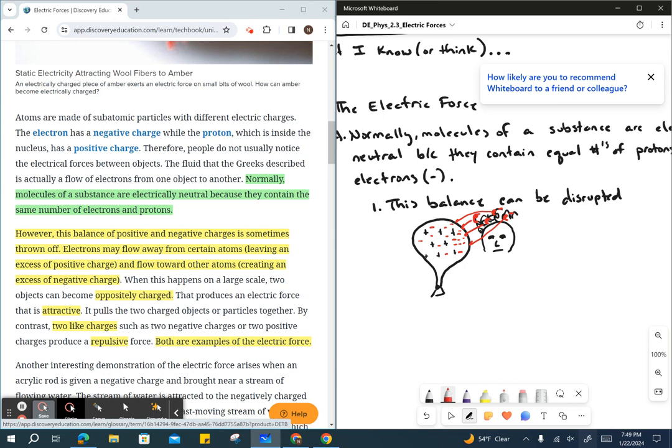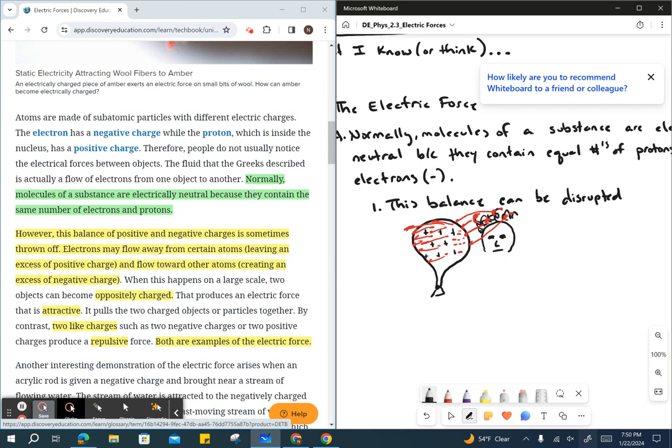Well, when you take the electrons, they repel all these other electrons over to the other side of the balloon, because negative and negative repel, right? And that leaves basically all your positives.